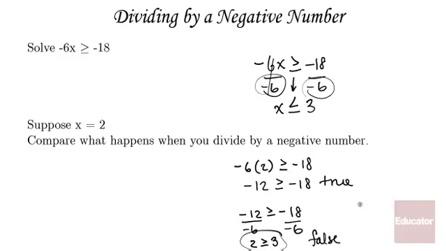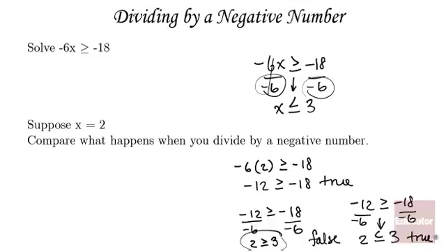Now let's go back to the same problem. Negative 12 is greater than or equal to negative 18. And this time I'm going to reverse the sign when I divide by negative 6. That's going to be 2, reverse, 3. 2 is less than or equal to 3, so that is true. So once again, the reason is because when you divide by a negative number, which is the opposite of a positive, you're moving in the opposite direction on the number line.